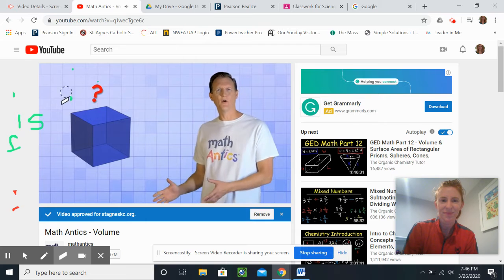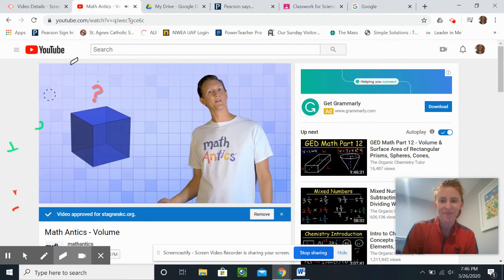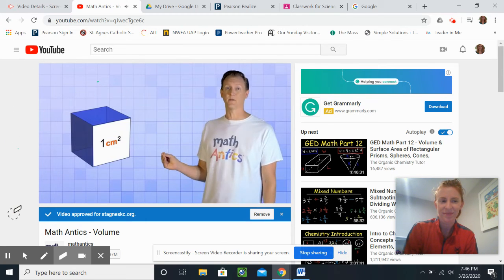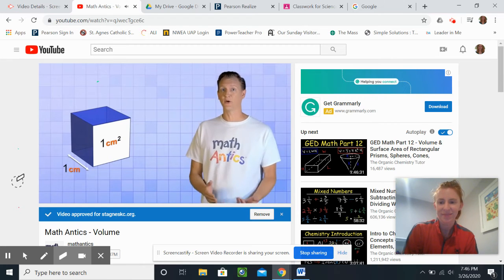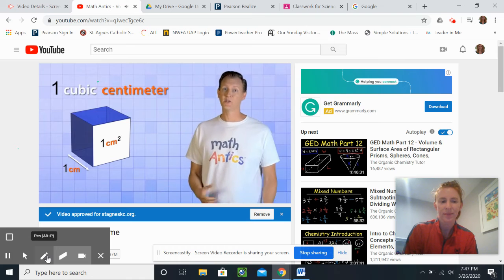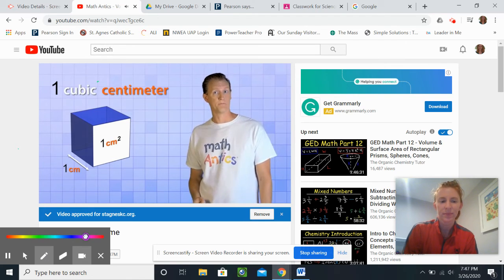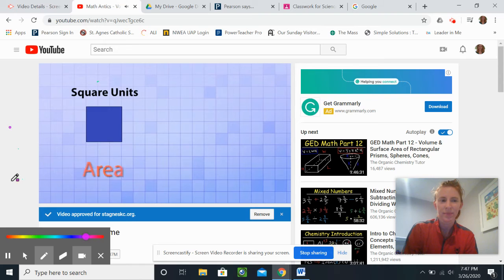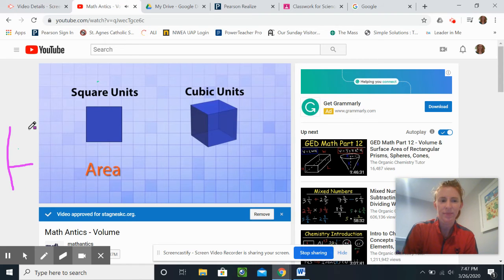All right, but how much volume does this cube have? Well, since it was made by extending 1 square centimeter a distance of 1 centimeter in the third dimension, we say that its volume is exactly 1 cubic centimeter, which is a common unit for measuring volume. So square units are used to measure area, and cubic units are used to measure volume.